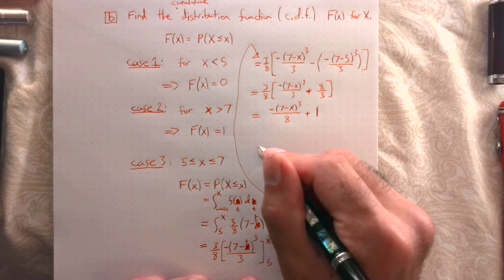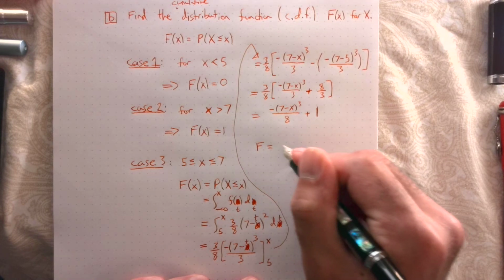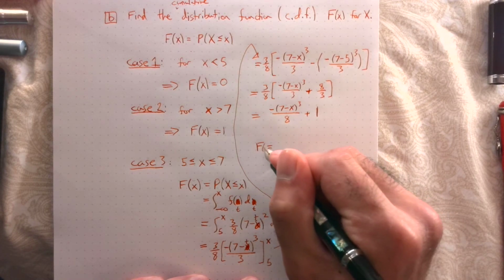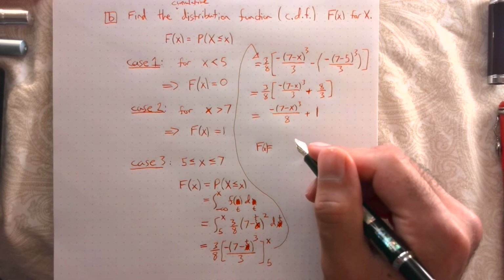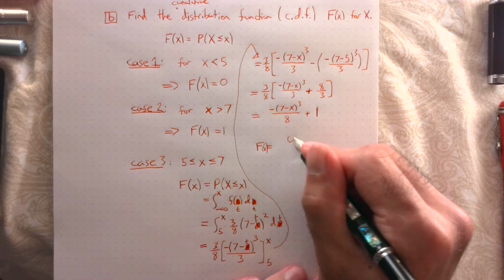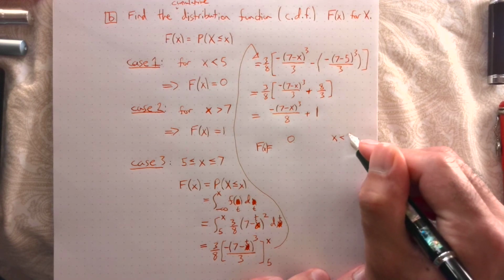So if I want to write it in one piecewise definition, F of x is going to be equal to 0 when x is less than 5.